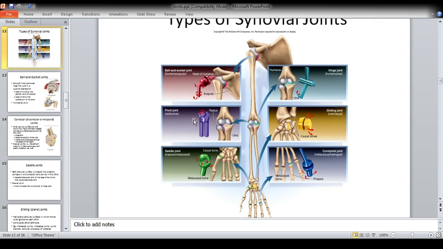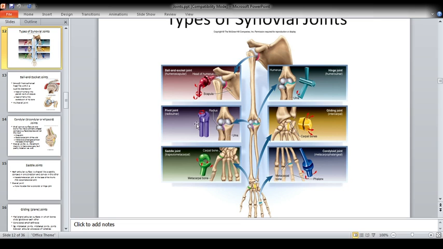Then there is the pivot joint that is present between the radius and the ulna, as well as the tibiofibula. Saddle joint that is present at the carpo-metacarpal junction. Then there is the condyloid joint that is present between two metacarpal bones, and gliding joint that is present between the carpals. Same is for the foot.